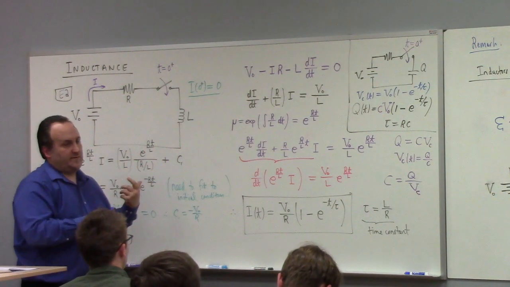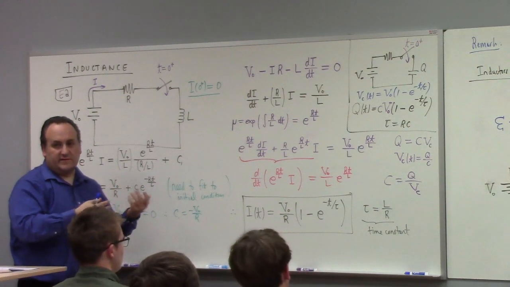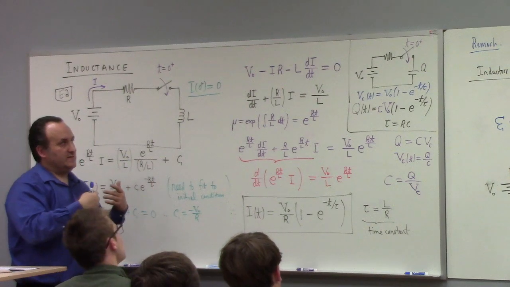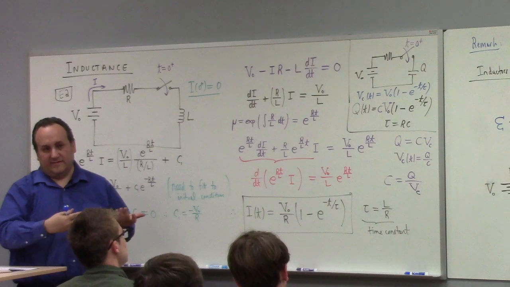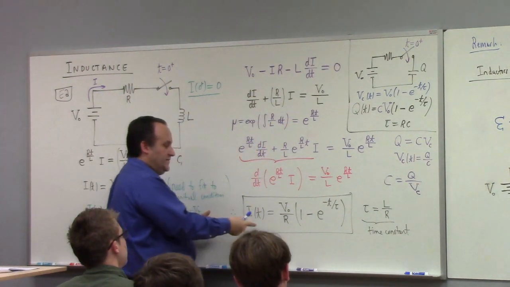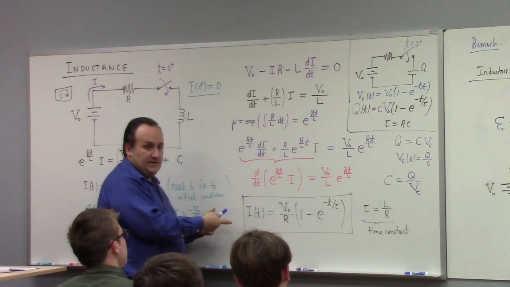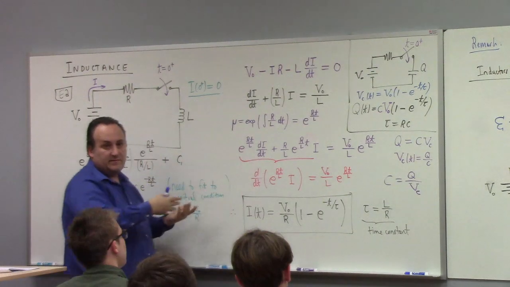And in that formula, as time goes to infinity, the voltage goes to V naught. All of the voltage is across the capacitor, because the capacitor is fully charged and there's no current flowing. But that's the formula for voltage, whereas this is the formula for current. So current for the inductor is like voltage for the capacitor, and vice versa.